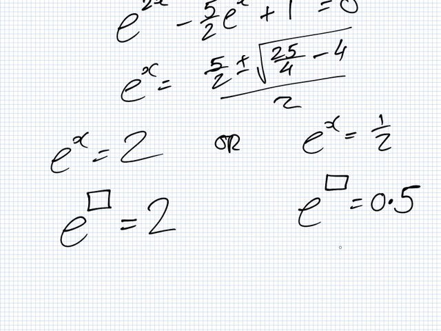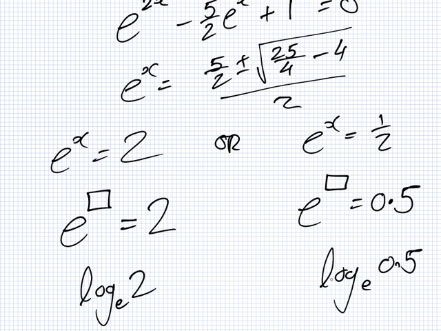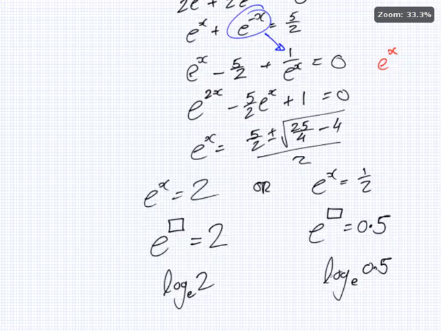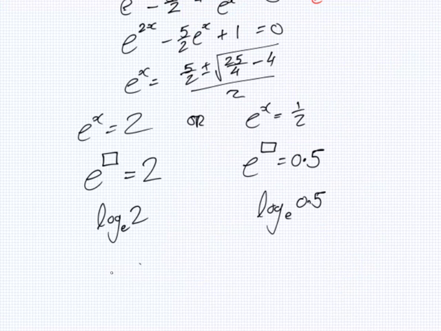So this is exactly what logs are used for. Here, this is log base e of 2. This is log base e of 0.5. So the answer is natural log 2, natural log 0.5.